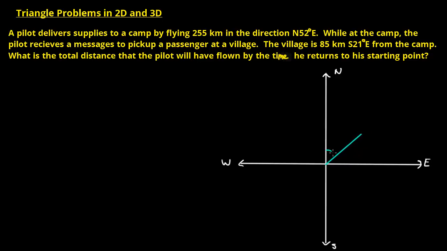This angle, north 52 degrees east, means you go north and then you go 52 degrees east. So this angle right here is 52 degrees.